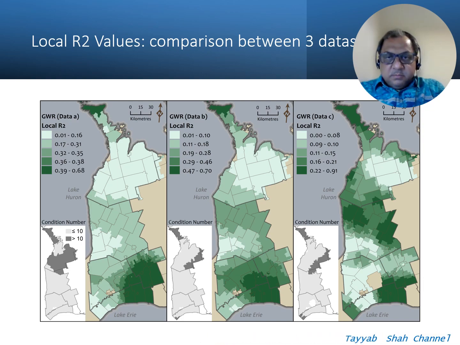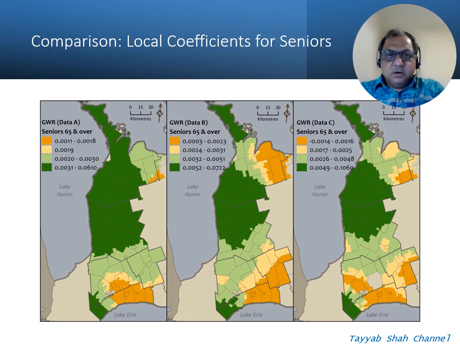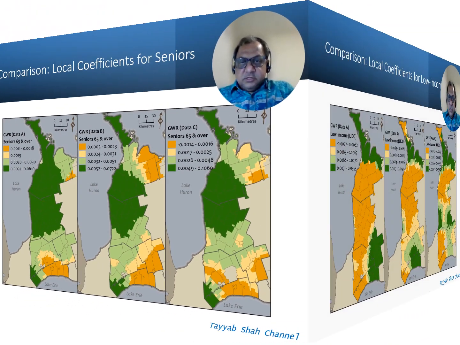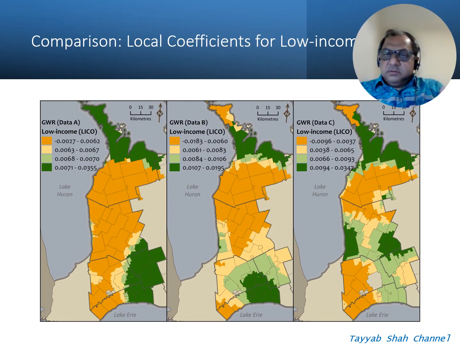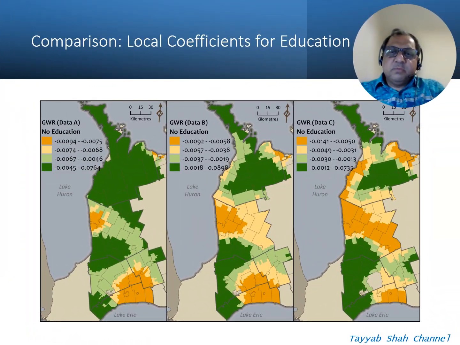And in the next map, the same map layout, but now we are using another variable to give the comparison between them. And then the next map again follows the same layout, and the fourth map.